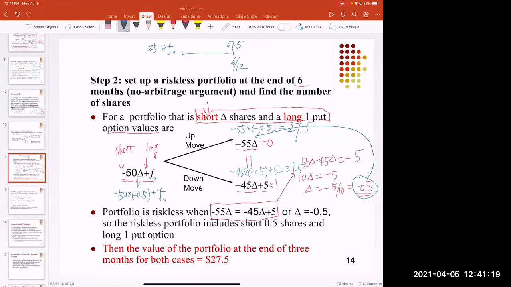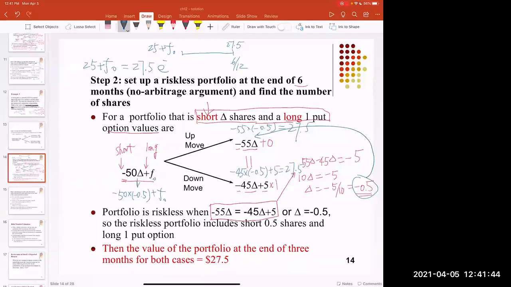Step 3, we're going to set up the equation. The left-hand side is the value of the portfolio at time 0, and the right-hand side is the present value of the expected payoff. To calculate the present value, the payoff is 27.5, and we do continuous discounting, so make sure the negative sign is on the discounting, okay?